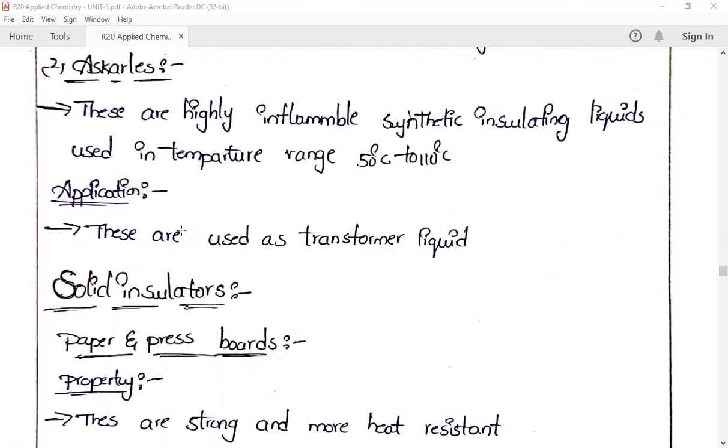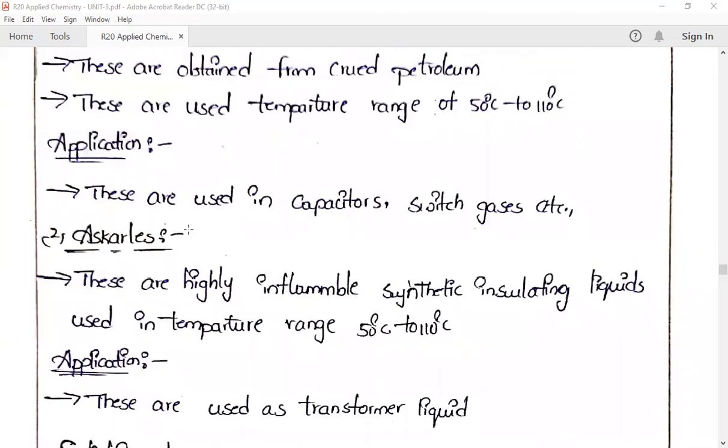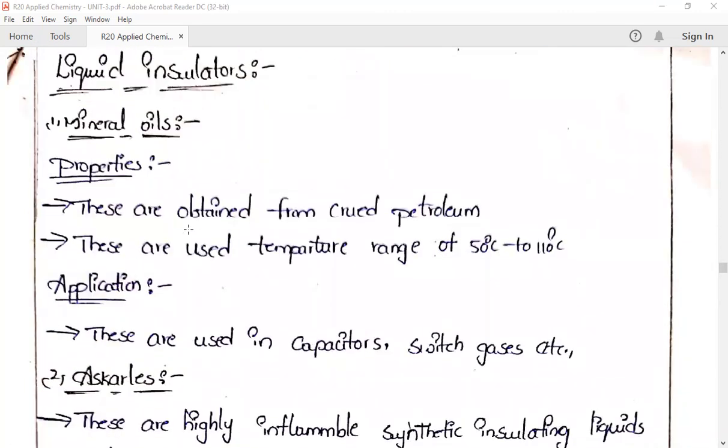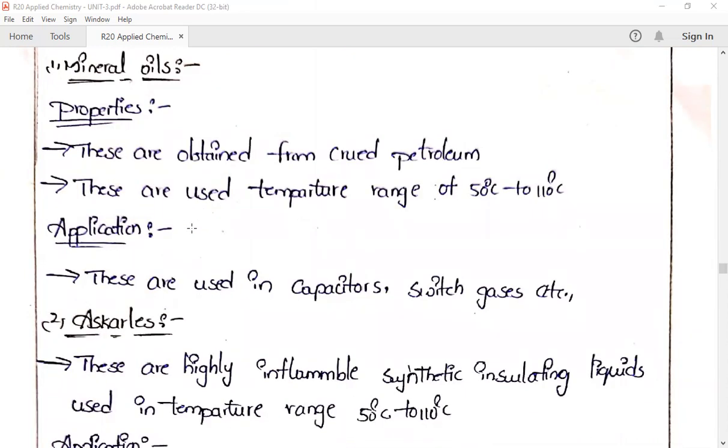So coming to some of the examples, I'm giving only 2 examples, not all. It is enough for you. Coming to the first one, that is mineral oil. This mineral oil is obtained from crude petroleum.